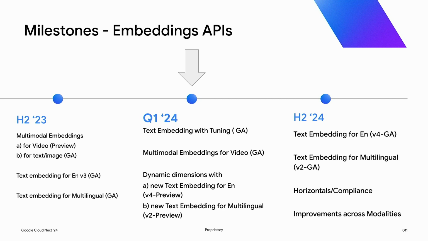In March, we went GA with multimodal embeddings for video. And today, like I mentioned, we are launching new text models. Going forward, we'll continue to improve the performance of the underlying models, and we'll also introduce more enterprise readiness features like compliance, Sec4, and things like that.